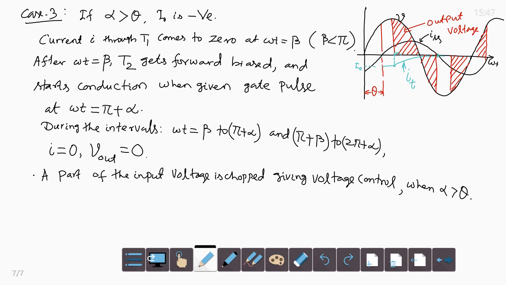So, this is the principle of voltage controller. When alpha is greater than theta, the RMS output voltage varies. So, output voltage is controlled by varying the alpha.